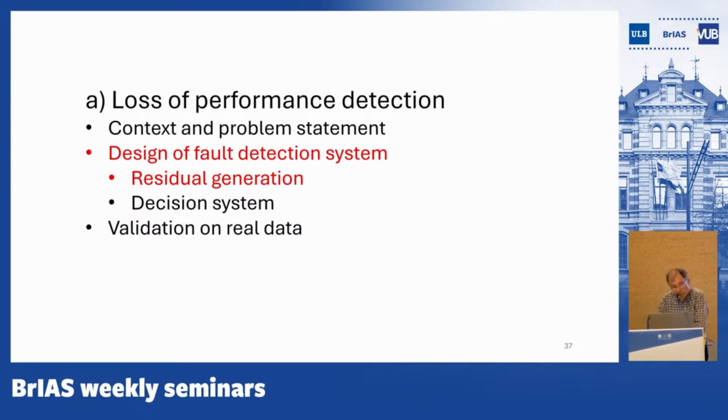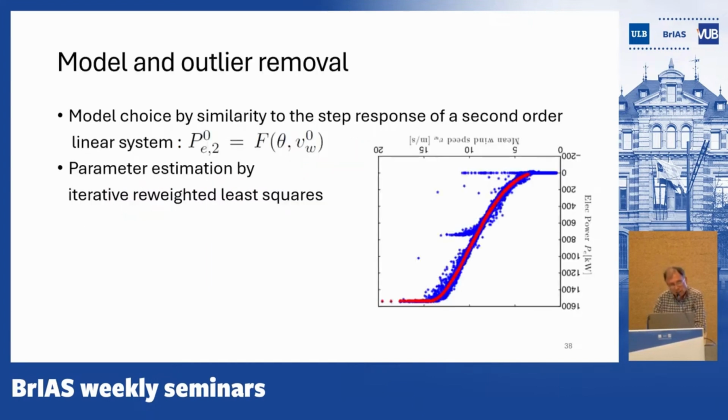First, residual generation, then a decision system, and we will end up with a validation on real data. So actually, these are already real data, but we will validate with real data corresponding to normal operation.